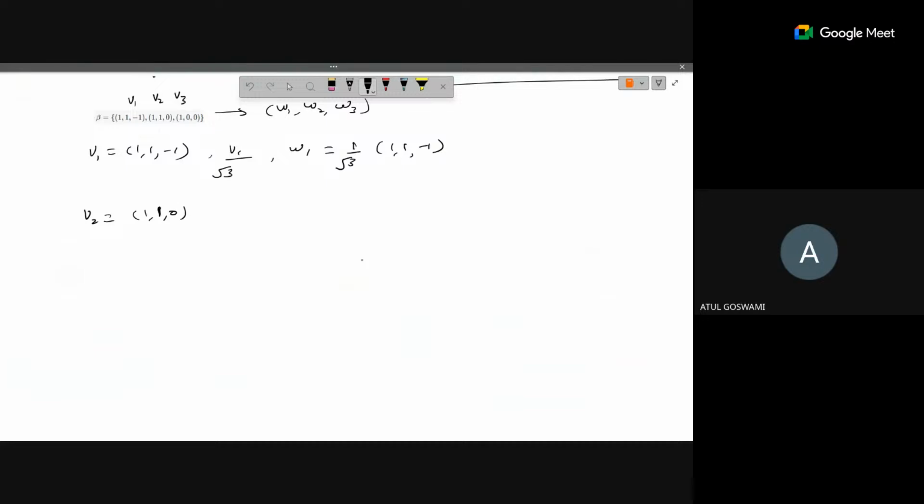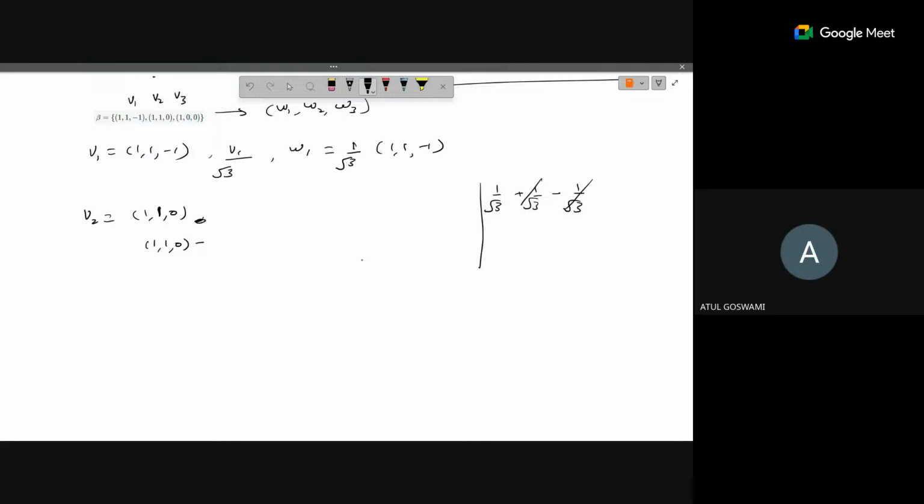Then I will take the projection of this vector on w1 and subtract it. So (1, 1, 0) minus the projection. Taking the dot product of these two vectors, we get 1 by root 3 plus 1 by root 3 minus 1 by root 3.